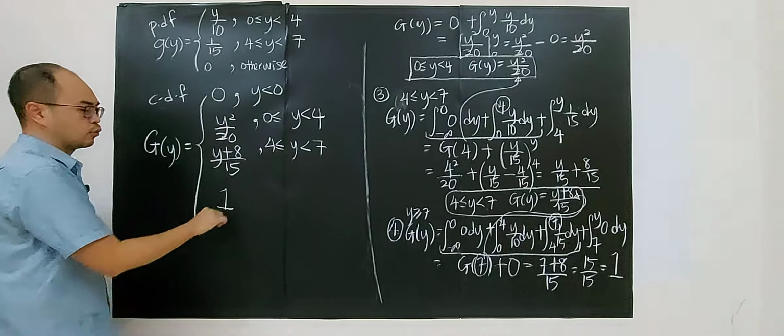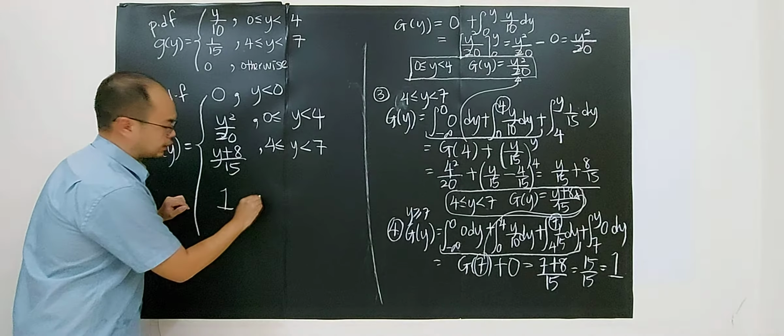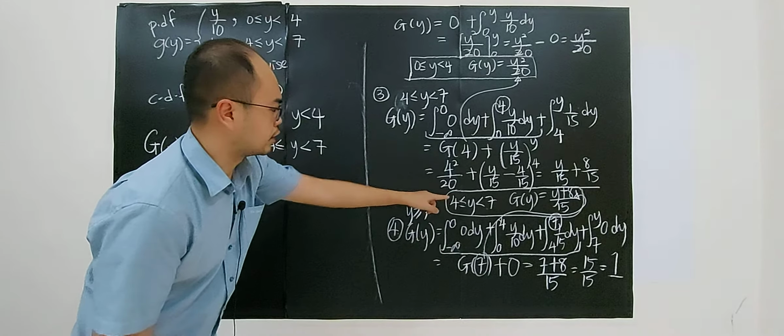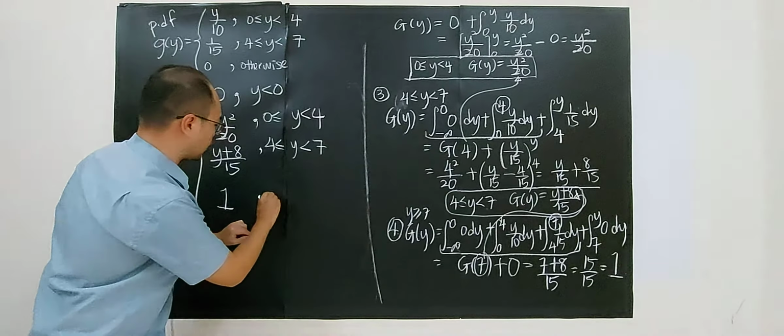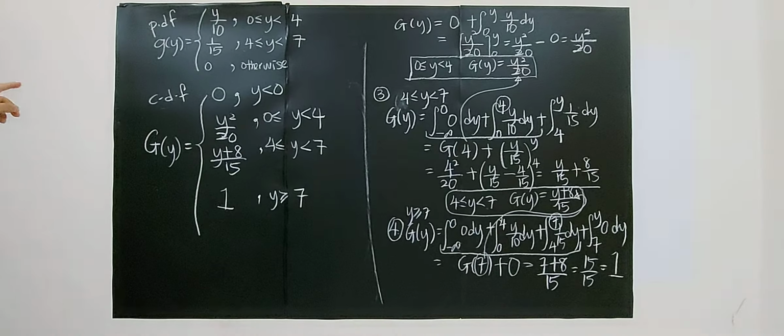It must start with 0 and end with 1. That's the difference between cumulative and probability density. Then the interval will be y greater or equal 7. So this is the cumulative distribution function for this continuous random variable here.